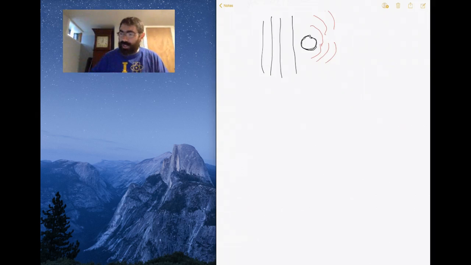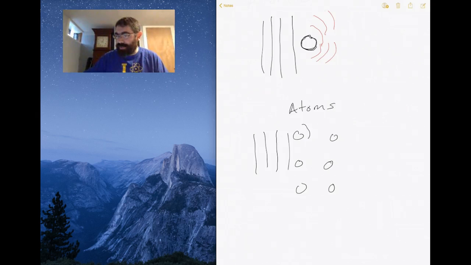So what we're going to have is atoms, which are spaced periodically. So it's a nice periodic structure. And then as the X-rays come in, they're going to diffract around these objects.